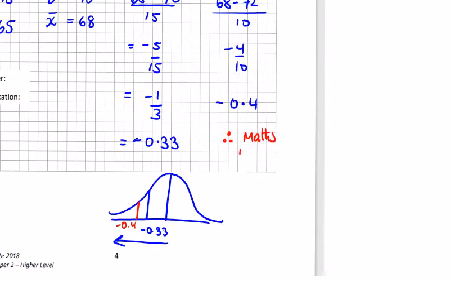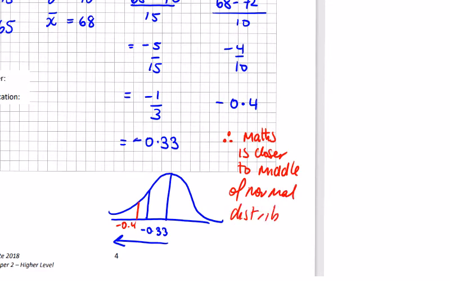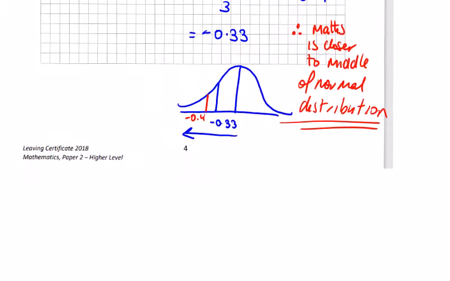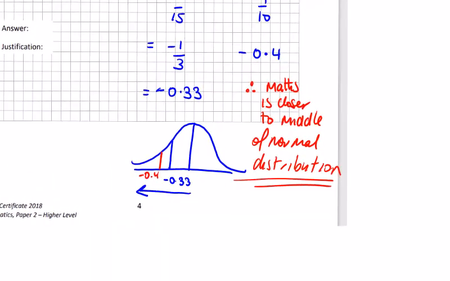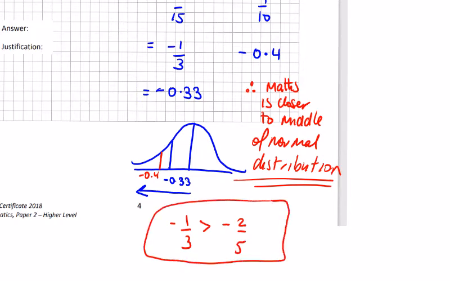Maths is closer to the middle of the normal distribution, is one way to say it. You could go to the Z-score table and get a value for each of these and show where they are, how much better they are percentage wise than other people, but this is good enough. You could also just say minus a third is greater than minus 2 over 5. We got 4 over 10, which is 2 over 5. That's another way to say it, to justify it.